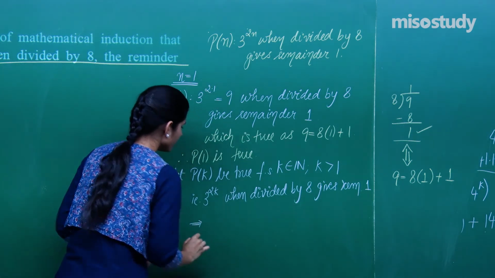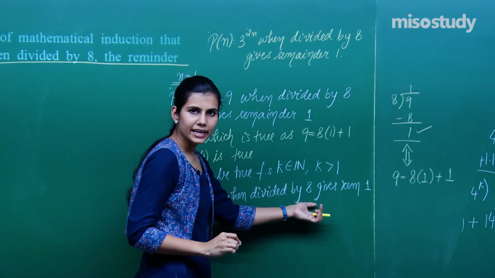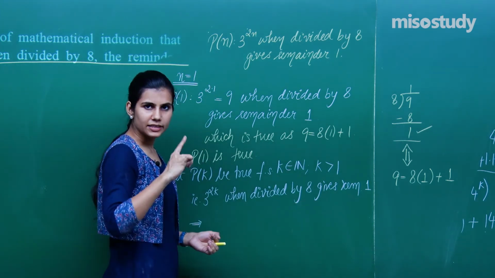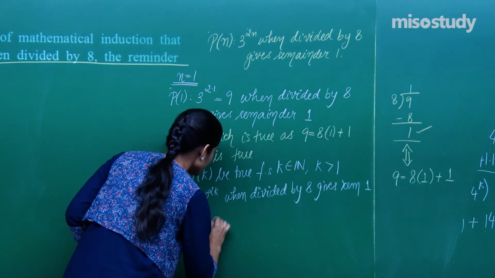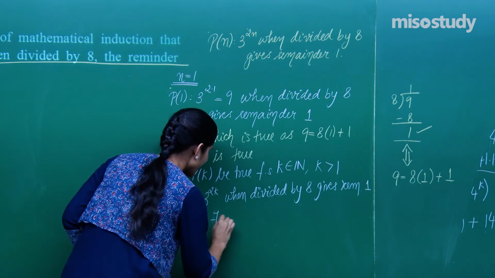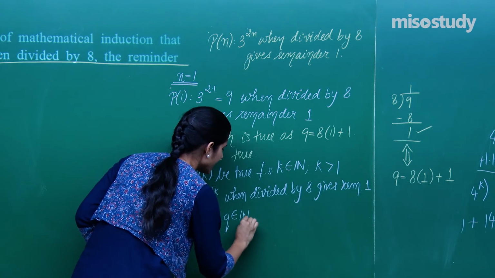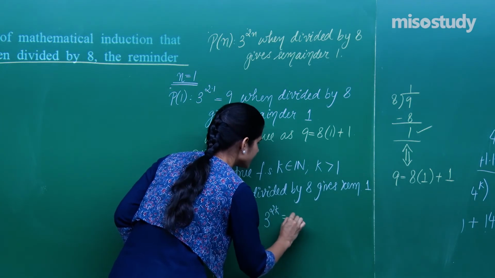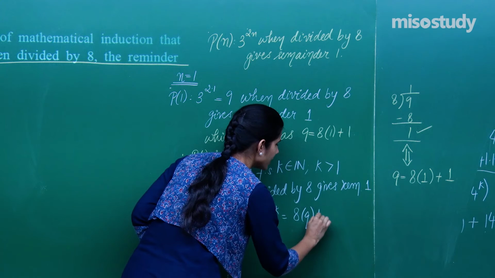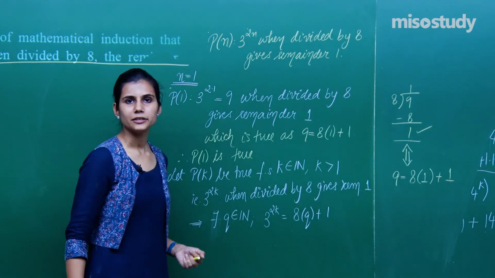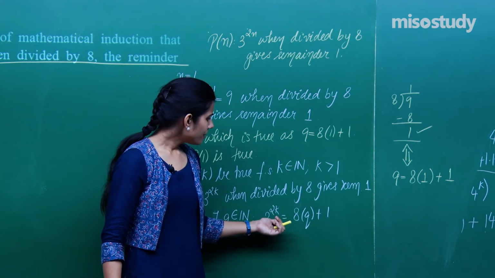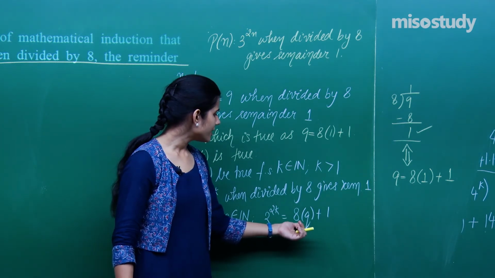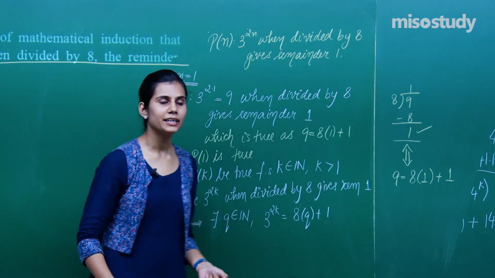This means when 3 to the power 2k is divided by 8, there is some quotient and remainder is 1. That means dividend can be written as divisor into quotient plus remainder. This implies there exists q belonging to N, that is the quotient, such that 3 to the power 2k can be written as divisor into quotient plus remainder, where the remainder is 1. 3 to the power 2k can be written as 8q plus 1 for some natural number q. That means 3 to the power 2k when divided by 8 gives quotient q and remainder 1.